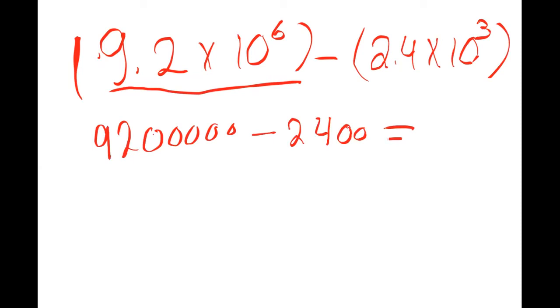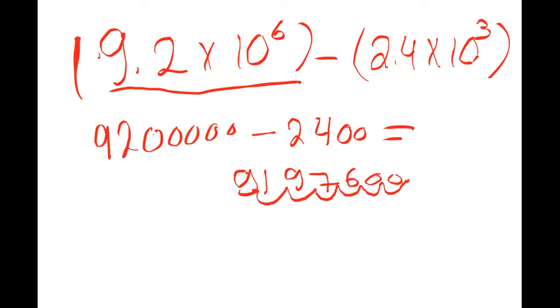Then we get the answer. It's 9197600. Then I put it back in standard form. So I place my decimal and move it 1, 2, 3, 4, 5, and 6. So it's 10 power of 6, and the number is 9.1976 times 10 power of 6.